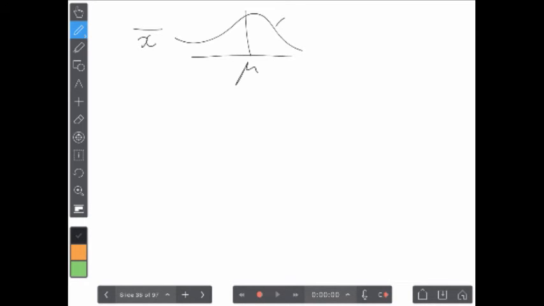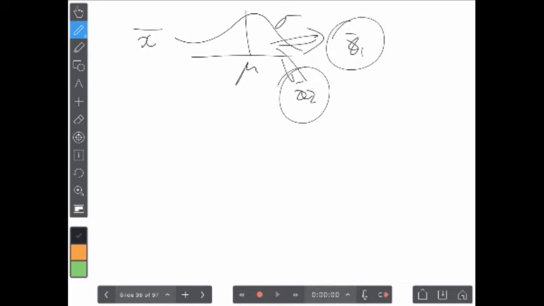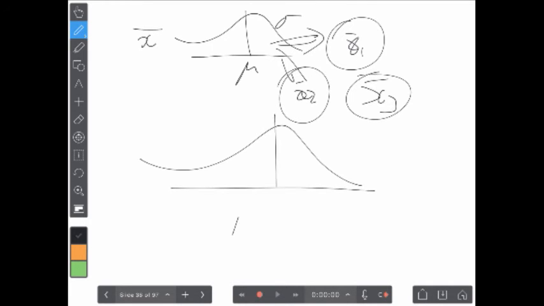It has a mean mu, standard deviation sigma, and if I keep taking repeated samples, I will get x bar 1, x bar 2, x bar 3, etc. When I put all of those together, I have a sampling distribution where I could take the average of all the sample means and the standard deviation of all the sample means.